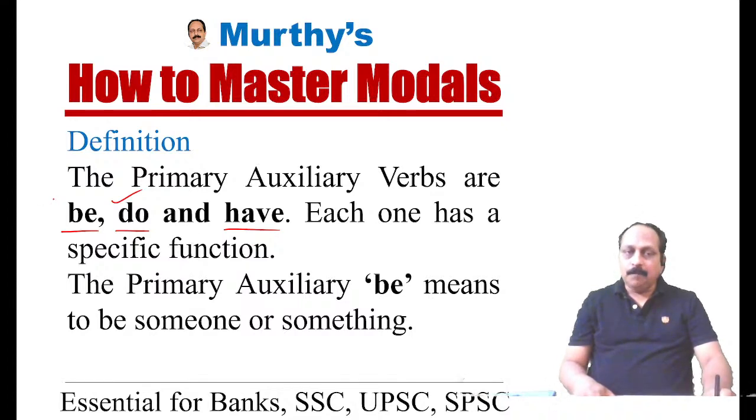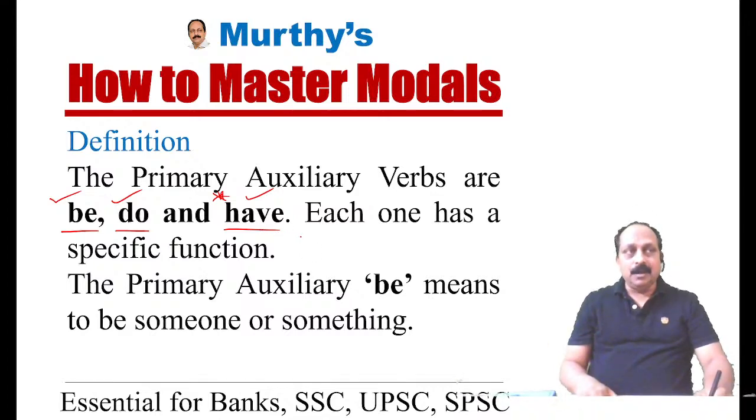But when it comes to the first one, especially the infinitive form or the present participle form, they find it difficult to handle. And this is very important from the exam point of view. The reason being, all these helping verbs or auxiliary verbs have functions. When it comes to the primary auxiliary have, it has one function and three different meanings.